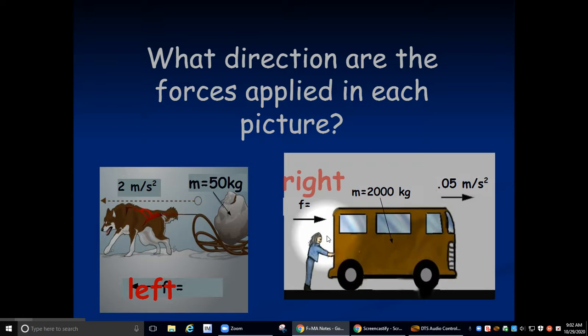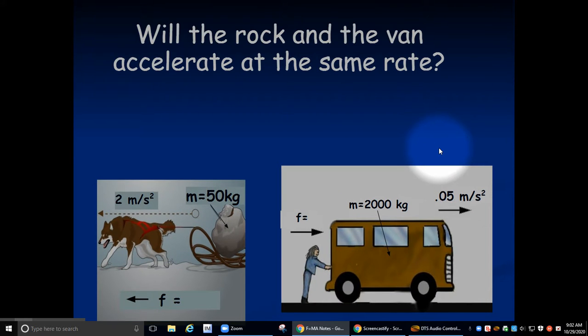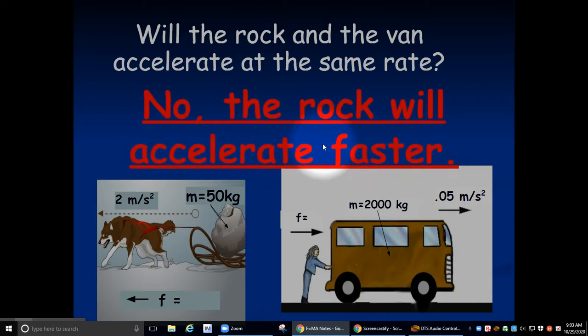Direction of forces is always important. Will the rock and the van accelerate at the same rate? Of course not. The rock is accelerating at 2 meters per second squared, and the van is accelerating at 0.05 meters per second squared. So again, smaller mass, same force, higher acceleration.